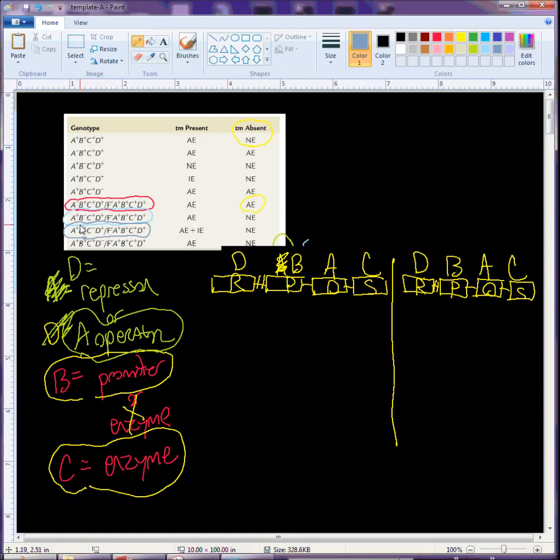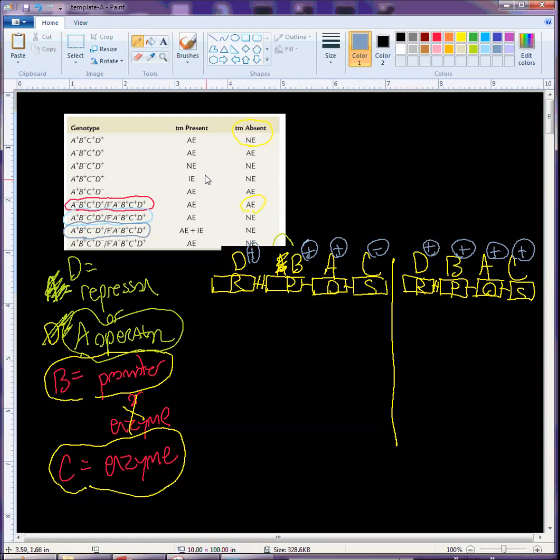So this strain, the copy of the operon on the chromosome, is perfect except for C. So we have a plus here, plus here, plus here, and the enzyme is mutated, and the copy on the plasmid is perfect. Everything's perfect.